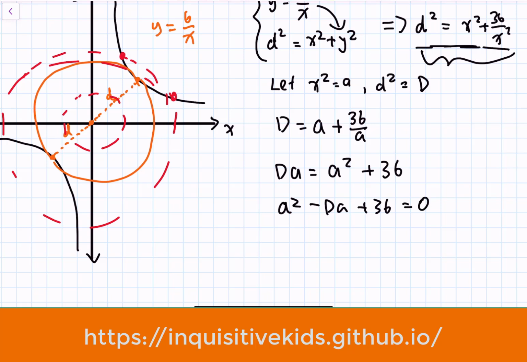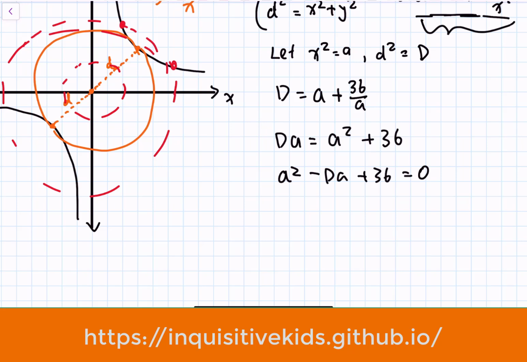Because if we do this, we have one side of the equation that is 0. And this looks very familiar. It looks like a quadratic equation that we're familiar with. If we do this, we can use our discriminant for a quadratic equation. So we have b squared minus 4ac is greater or equal to 0.